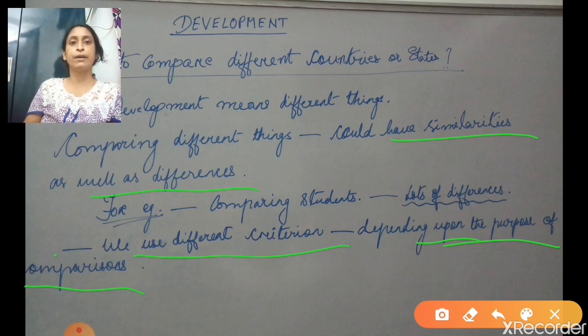He has better physical stamina. He is very well built. He has already participated in some of the school's sporting events. So depending upon the purpose of the comparison, we select the criteria.